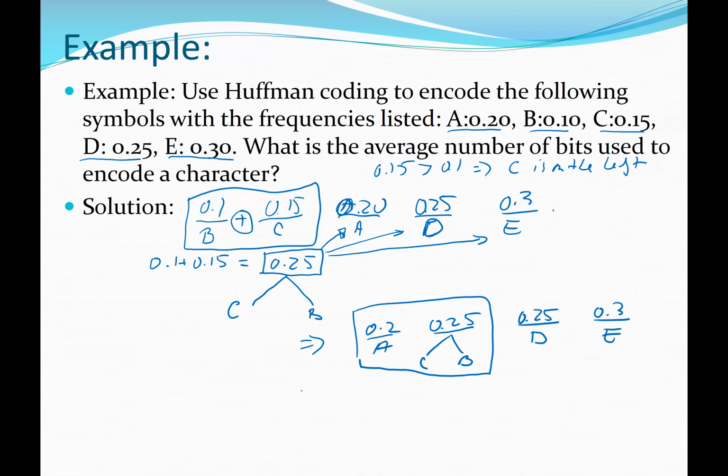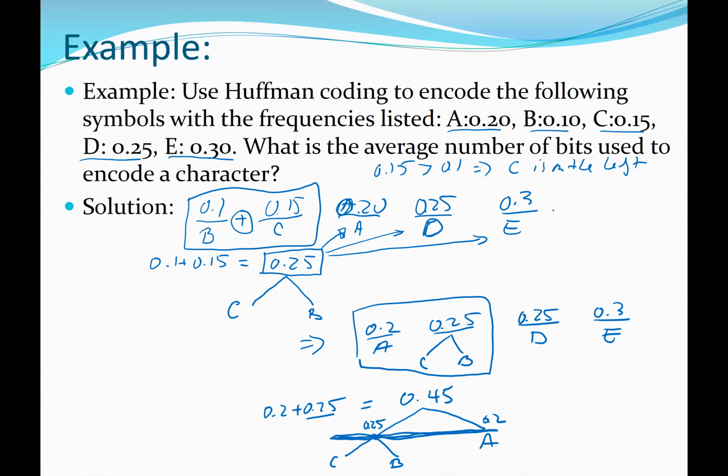All right. So you got 0.2 plus 0.25. So that gives you 0.45. Now 0.25 is larger, so it will be on the right hand side. So A will be here, and this guy containing C and B. So remember, this guy and A are the same level, yes, because one is 0.25 and one is 0.2.